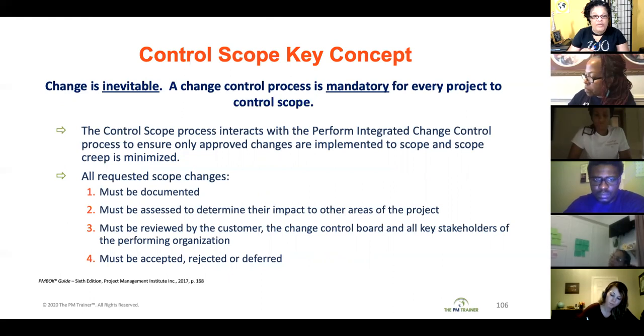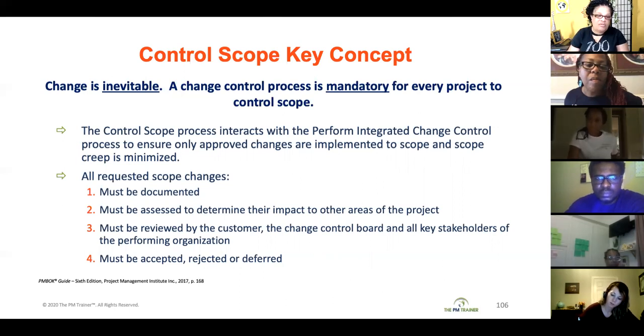Control scope is you use your change management process through your perform integrated change control process to manage the changes to the scope. So you should be carefully and intentionally managing changes to your scope.